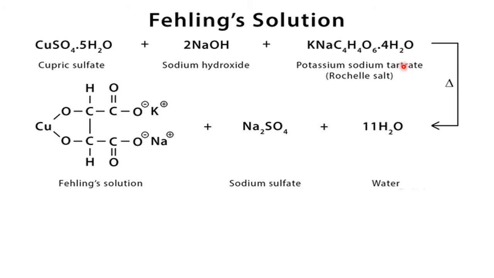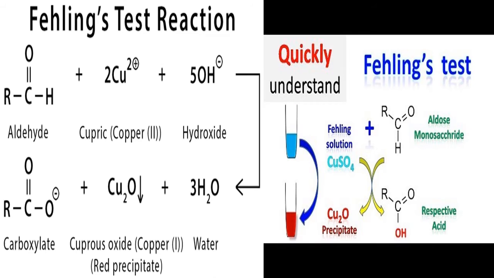This mixture is called Fehling's solution B. Both are added in one test tube, so A and B become the main Fehling's solution. The structure is very complex. It is used to check the presence of C double bond O as an aldehyde. Just as a reference, kindly go through this equation, but it is not there for examination. Aldehydes give a positive test for Fehling's test, whereas ketones give a negative result.